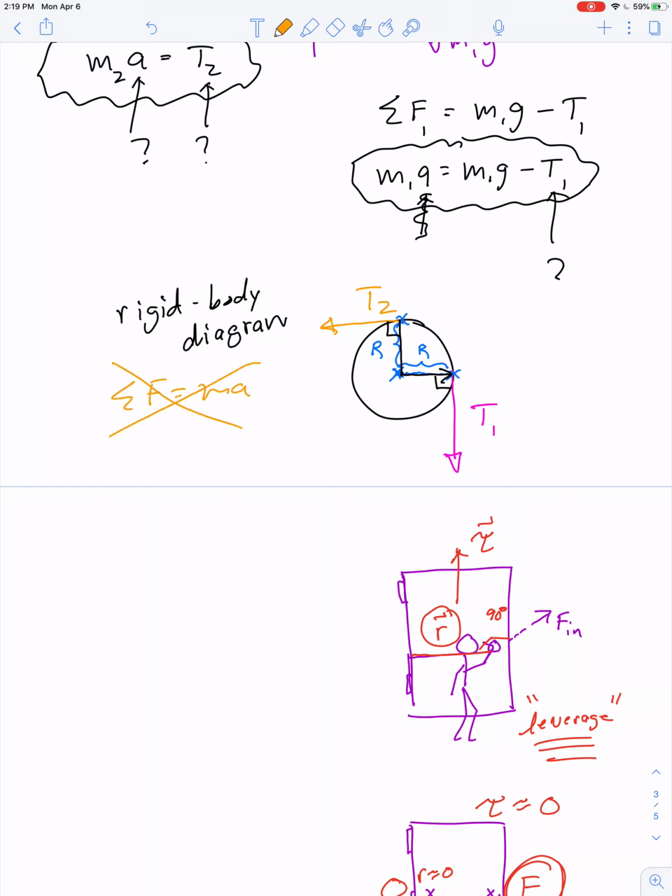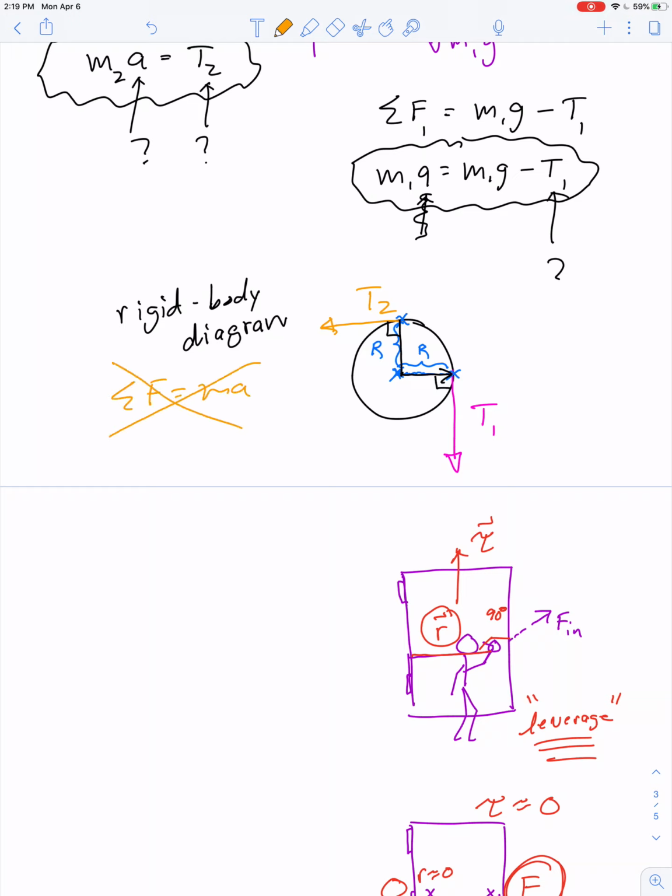And I think you'd agree with me that this tension acting at a lever arm shown, based on the right-hand rule, would be the one that produces clockwise rotation. And when you apply a force to the left with a lever arm that points up, you get a counterclockwise rotation. So the net amount of torque is going to be the torque in the clockwise direction minus the torque in the counterclockwise direction.